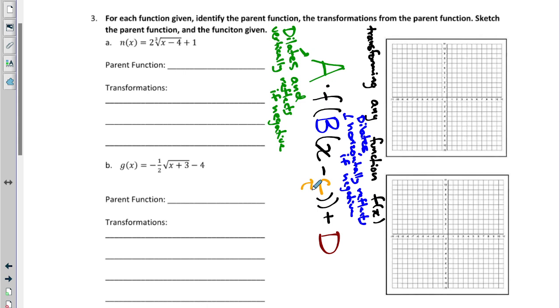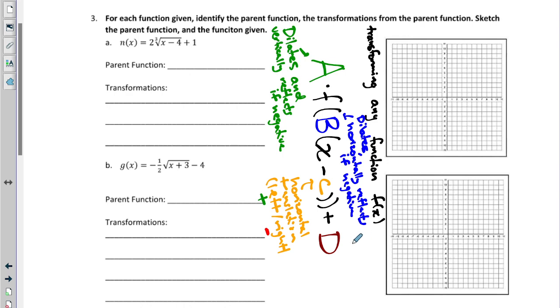All right, then we have C, good old-fashioned C. This is going to be our horizontal translation. You've done this before. Horizontal meaning left to right. Except we have to know that the weird thing happens with the horizontal translation, the C value. Left is when I add, and right is when I subtract, inside the actual function.